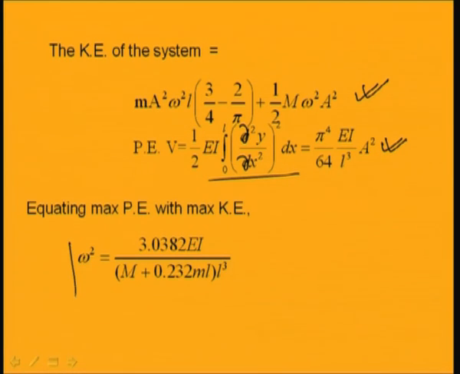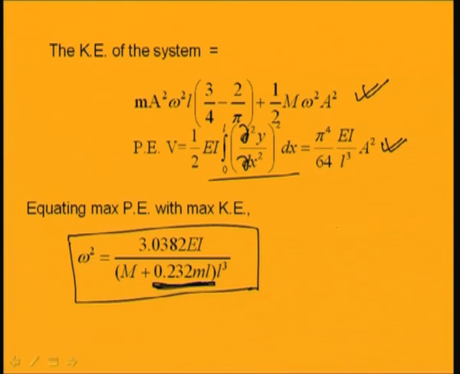This is the expression for the cantilever beam with an end mass. You may observe that this is the additional term due to the mass of the beam, since we have considered the mass of the beam.